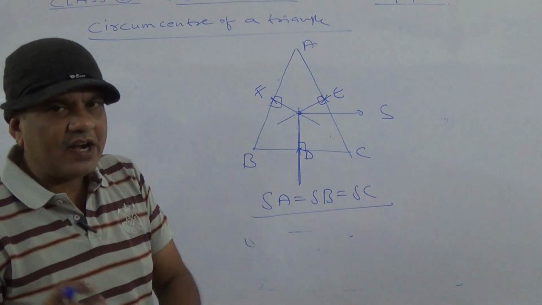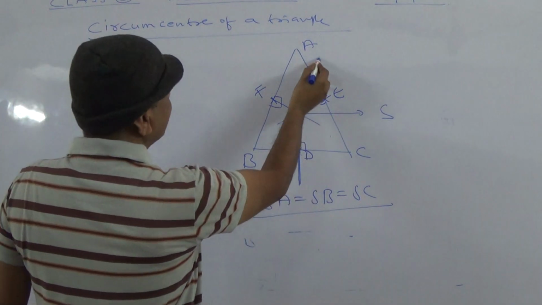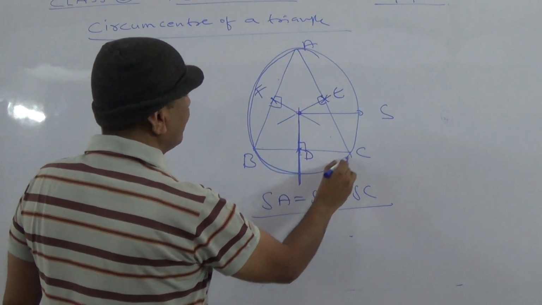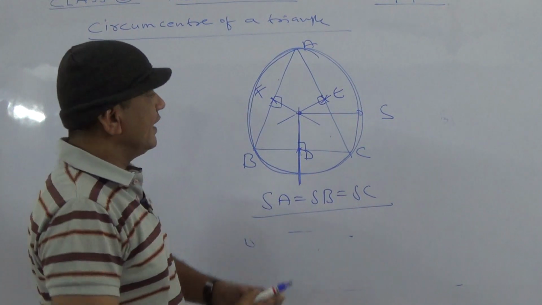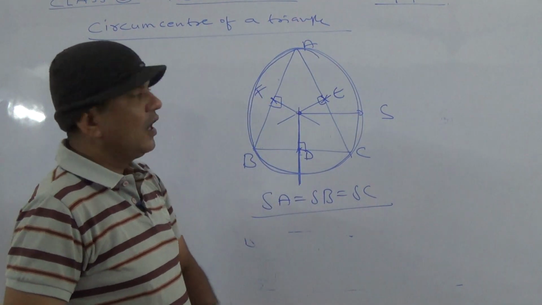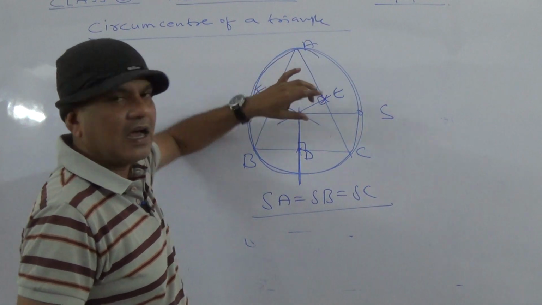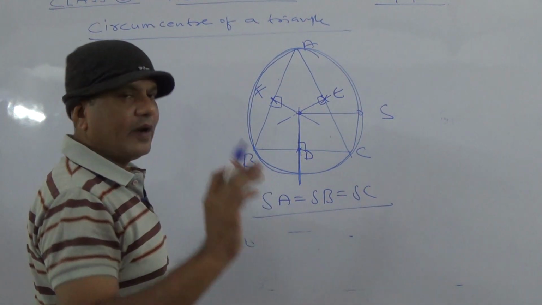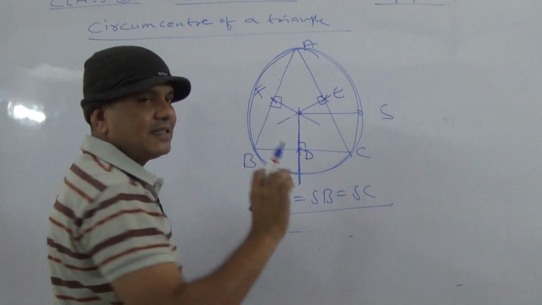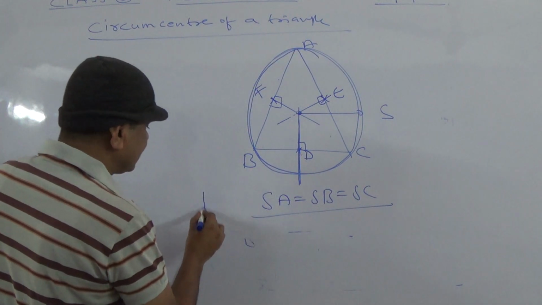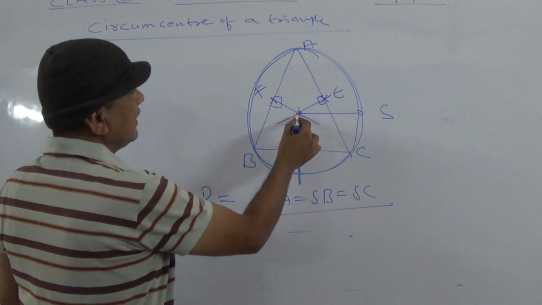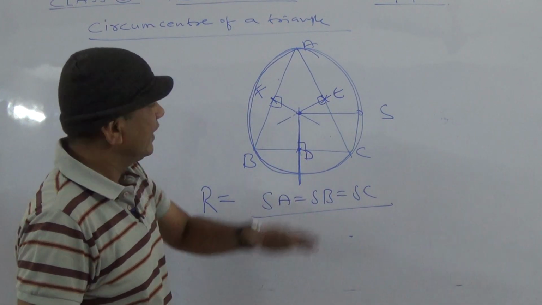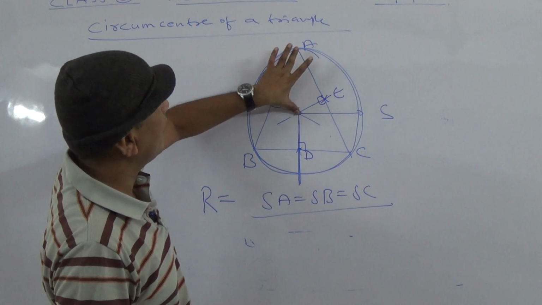Another definition of a circumcenter: any circle that passes through the vertices of a triangle is called the circumcircle. The center of this circle is called the circumcenter. The radius of this circle is called the circumradius, denoted by capital R. Radius means the distance between the center and any point on the circle.